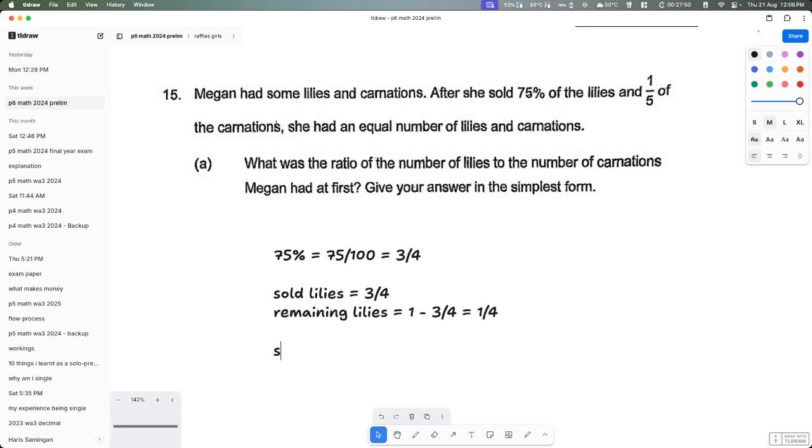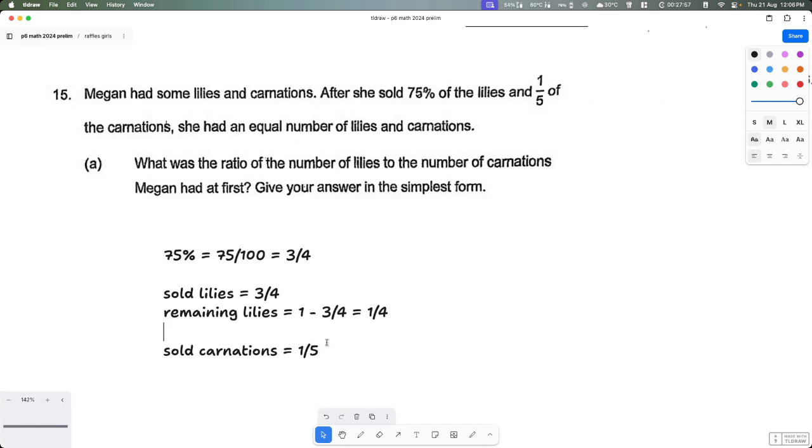Then sold carnations is equal to 1/5, and remaining carnations is equal to 1 minus 1 over 5, which is 4 over 5.